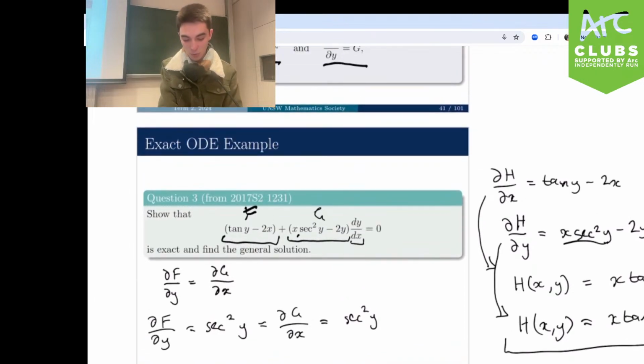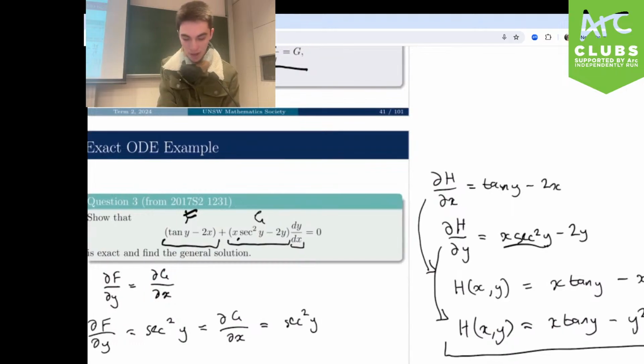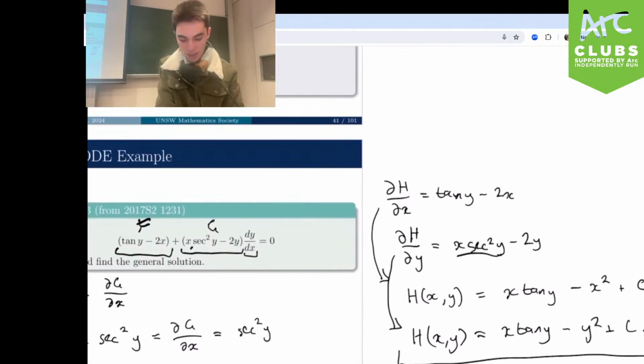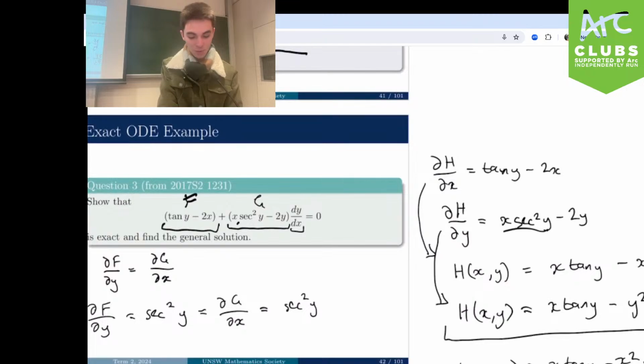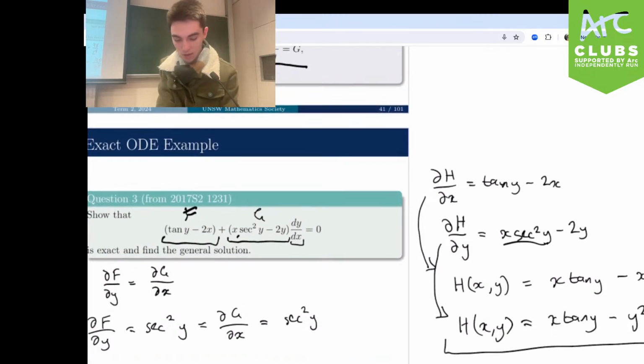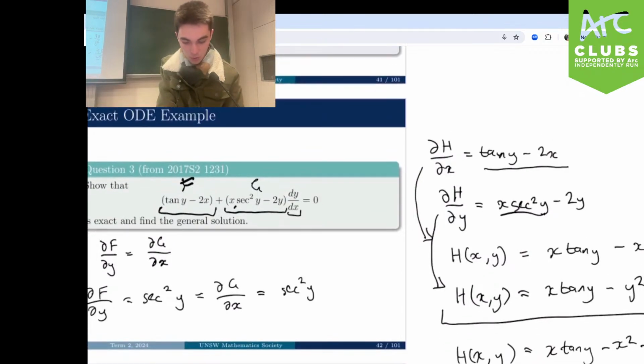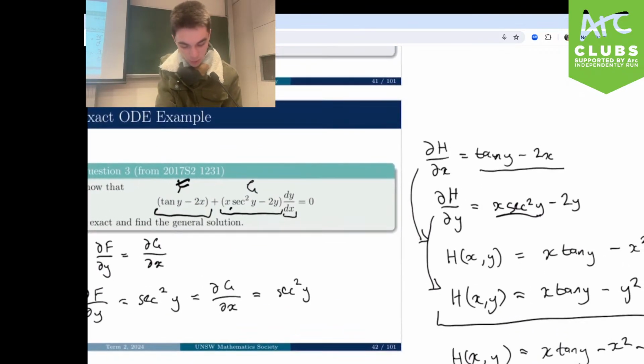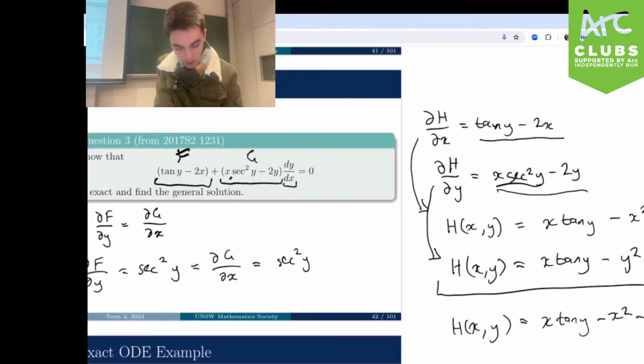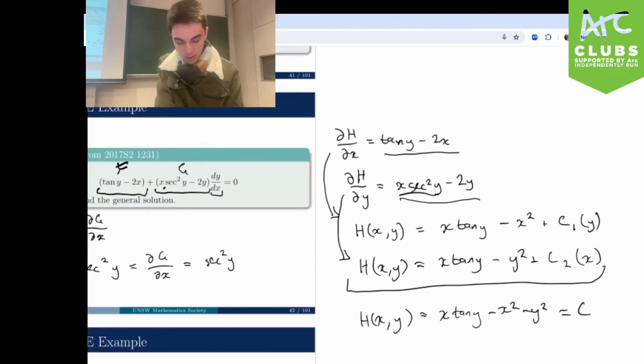And now that they're equal, we know that we can implicitly define our solution h by saying that the partial derivative of h with respect to x is equal to f, which we have here, and the partial derivative of h with respect to y is equal to g, which we have here, okay? And then after that, we can integrate twice, first with respect to x, then with respect to y, and compare the two equations that we get to find a general solution. And this is our general solution.